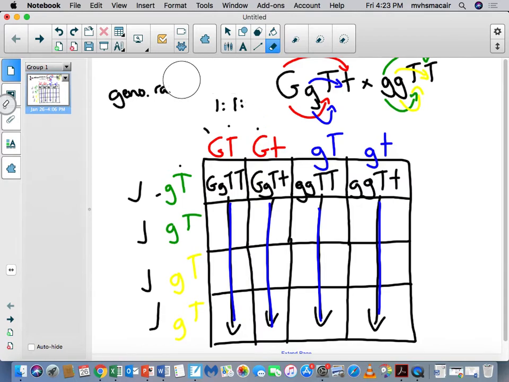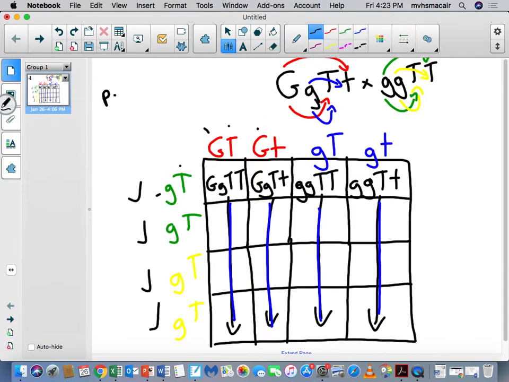Okay? The phenotype ratio doesn't always have to match them, as we've seen. So we'll go pheno ratio. In this first column, we see a big G and a little g, heterozygous. That means we're going to have green skin, and we're definitely going to have spots because we have a homozygous dominant here.